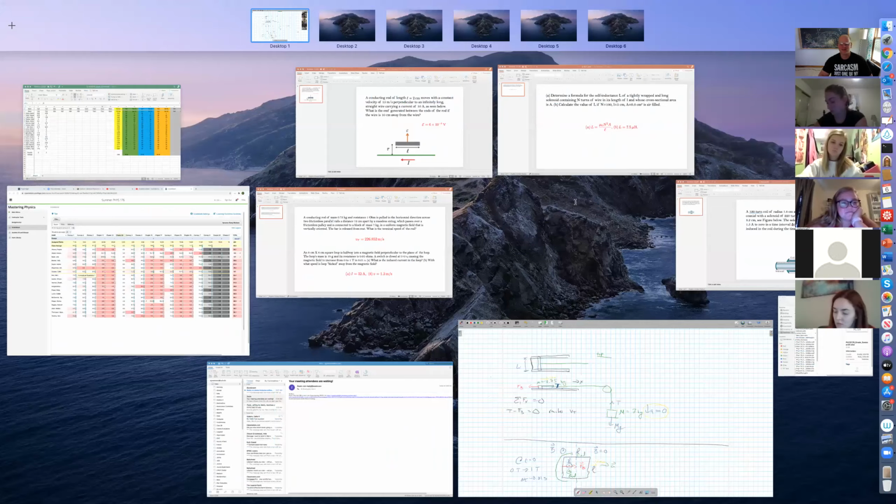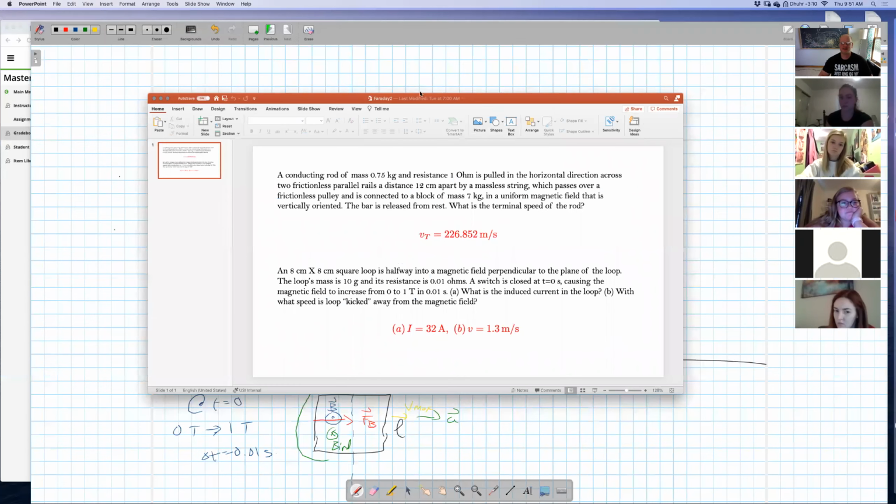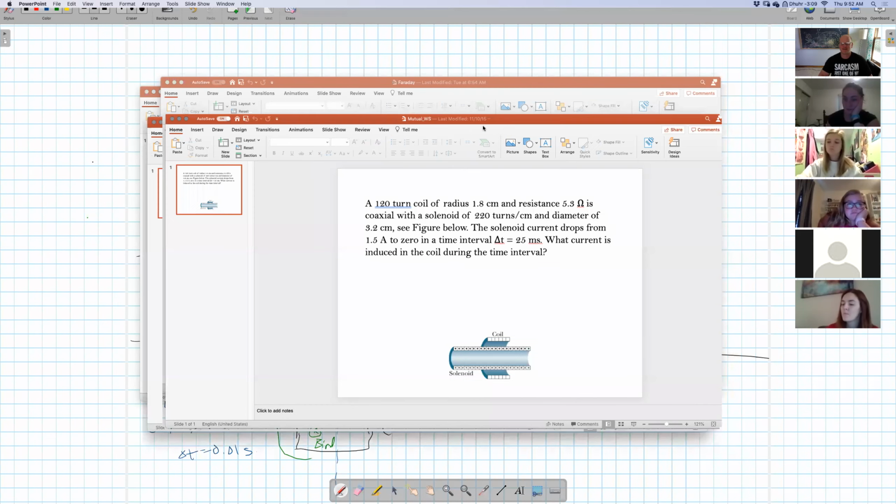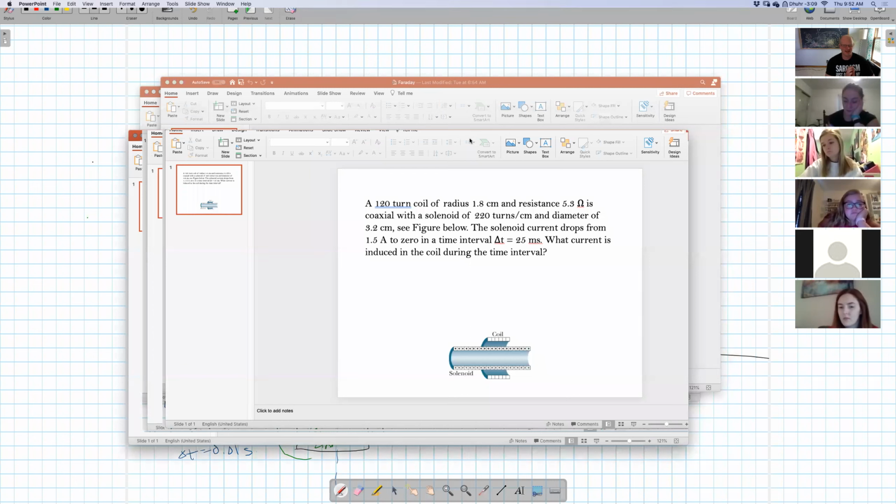So good. These are our 3 Faraday's law questions. And then I got one more for you, which is a mutual inductance one. So that gives you 4 to work on today. This is a 120 turn coil. We have a 120 turn coil, and it is coaxial. Oh, okay. So we're talking about the coil out here.